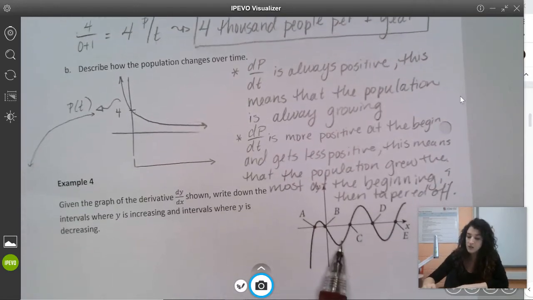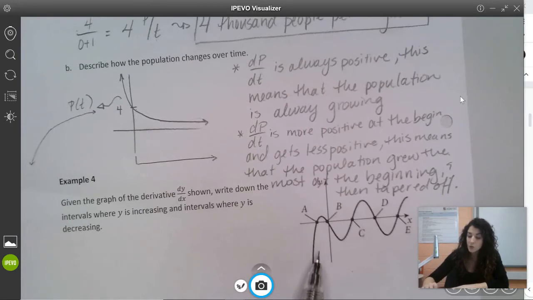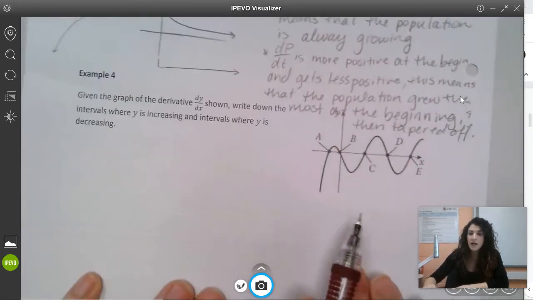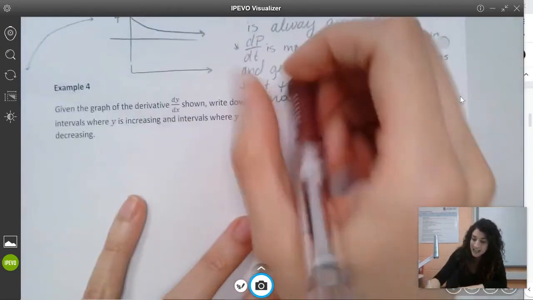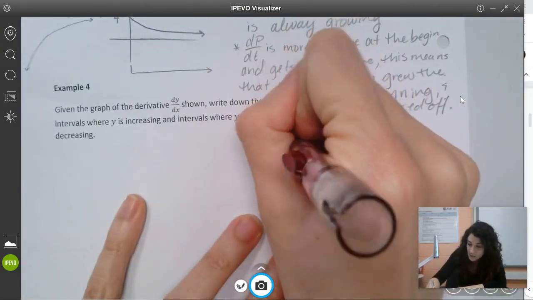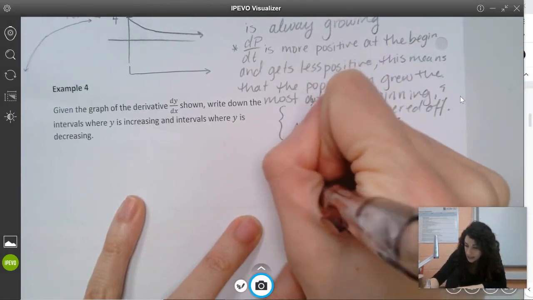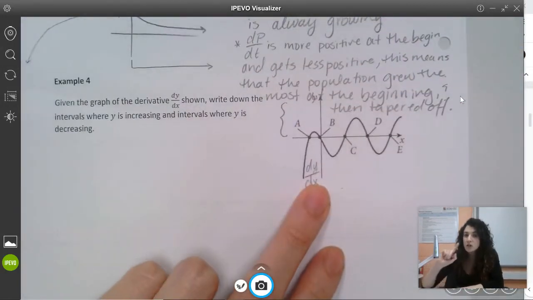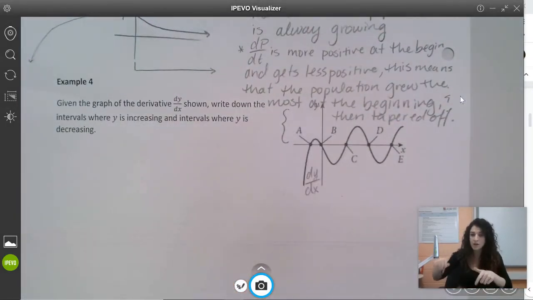Given the graph of dy/dx shown, write down the intervals where y is increasing and the intervals where y is decreasing. So we have to talk about the fact, again, that this is dy/dx. This is your derivative function. So we're not looking at where it is increasing on the derivative function.